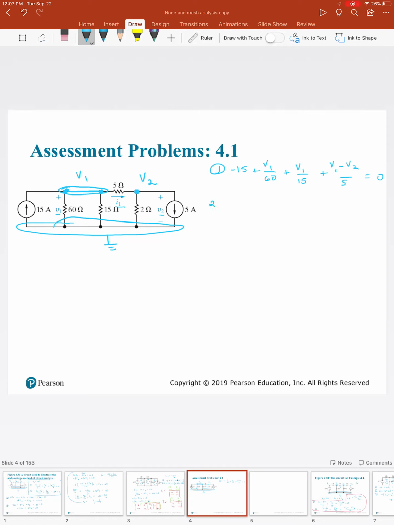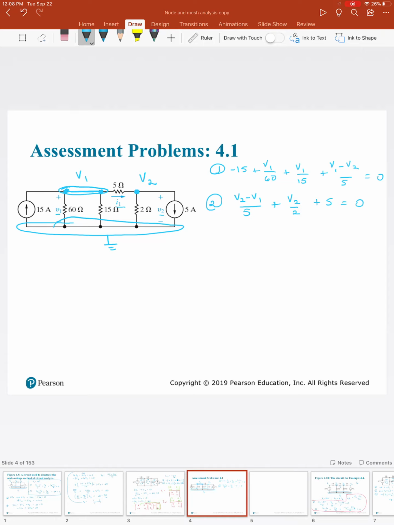And then let's look at node 2. We have (V2 minus V1) over 5, V2 over 2, and plus 5 is equal to 0. So those are our node voltage equations.